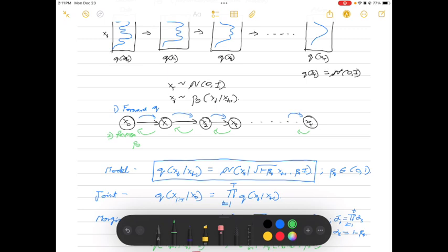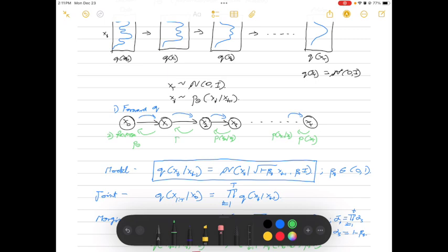So let's look at it in the Markov chain. Here we have this distribution p of x_T, which is the initial distribution, and the next step, after one denoising step, we will arrive at x_{T-1} given x_T, and so on and so forth. In the case of x3, we will have x2 given x3.